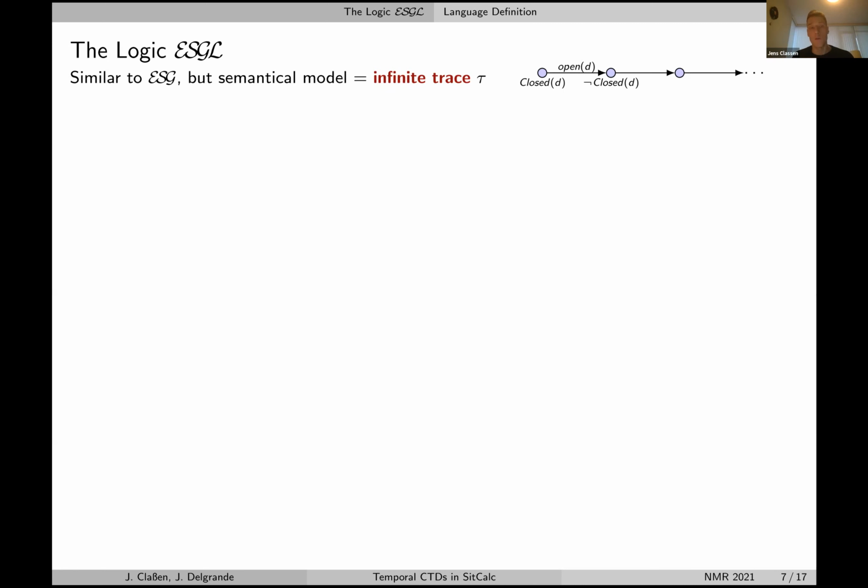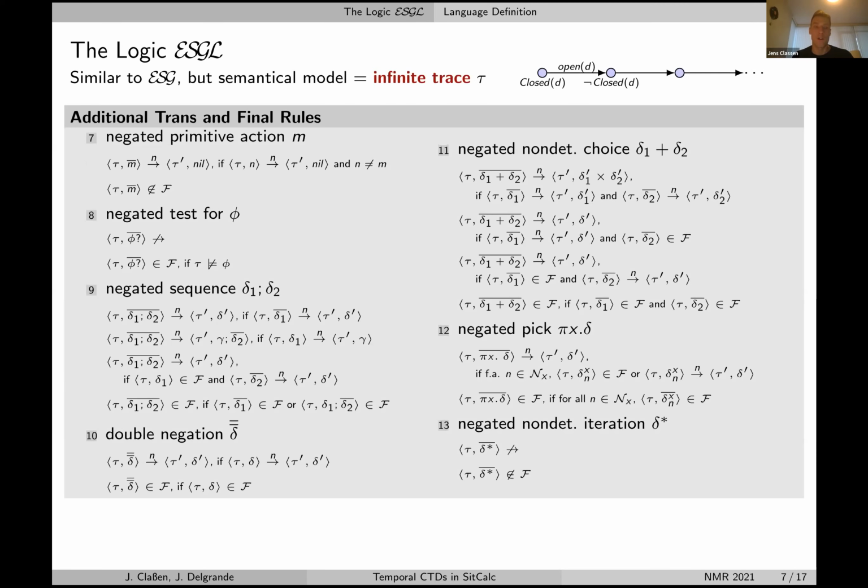And so in this paper, we propose yet another new logic called ESGL, which is very similar to ESG. But now the semantical models are linear time infinite traces, denoted by tau. And so we have these transition and finality rules that we have seen previously, very similar.